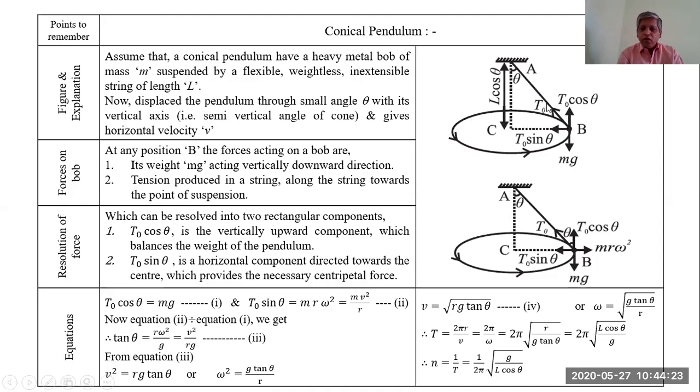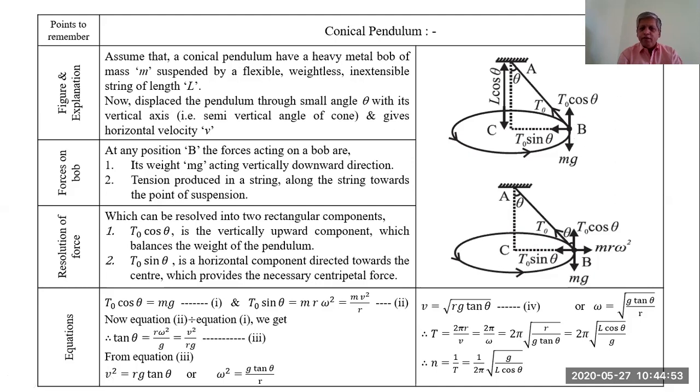This tension can be resolved, resolution of force, into two rectangular components. One is T0 cos theta, which is the vertically upward component and balances the weight mg of the pendulum.